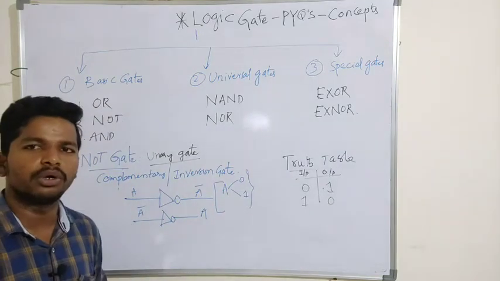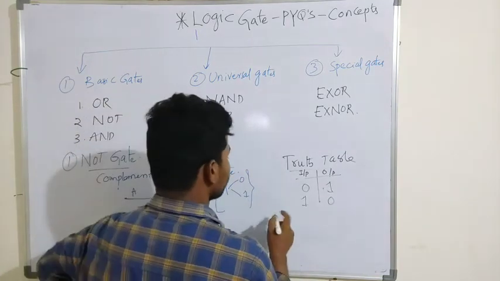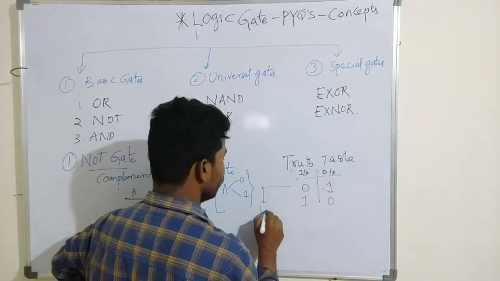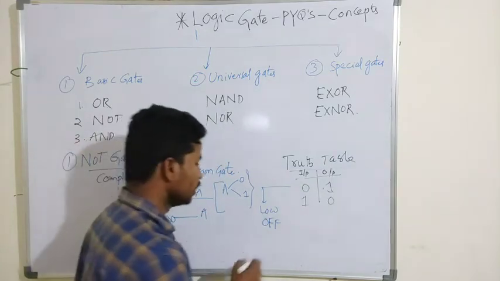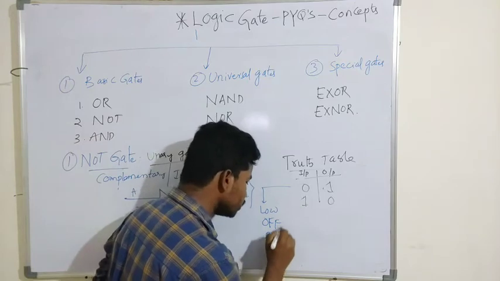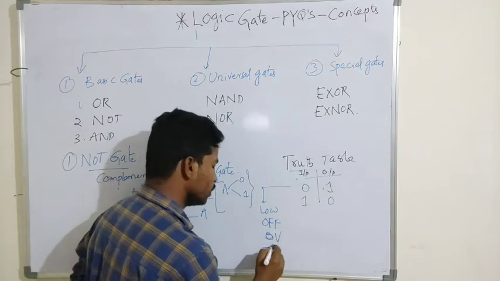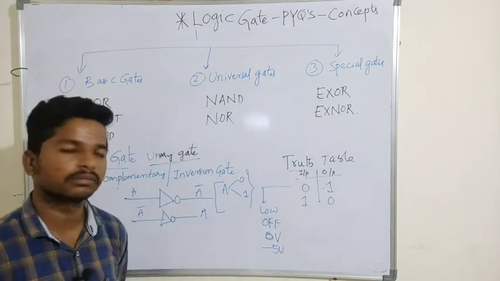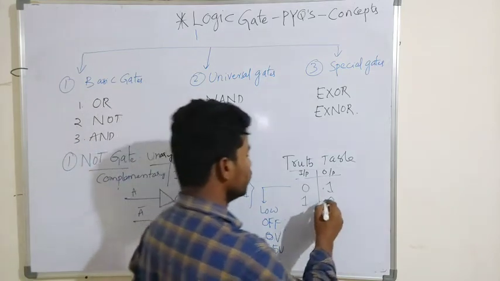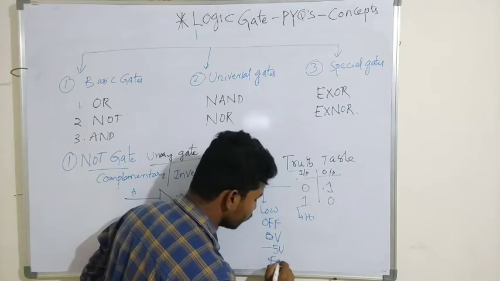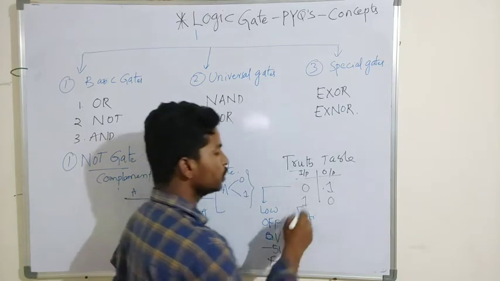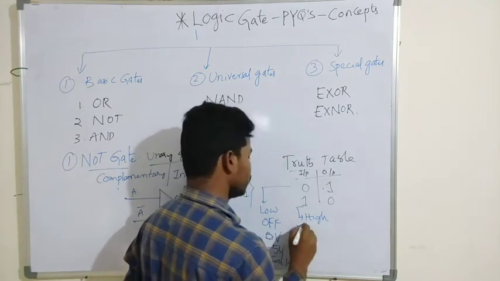So what is 0 and what is 1? 0 can be low. It represents an off condition, 0 volts, or negative 5 volts, and also a false condition. 1 is high.